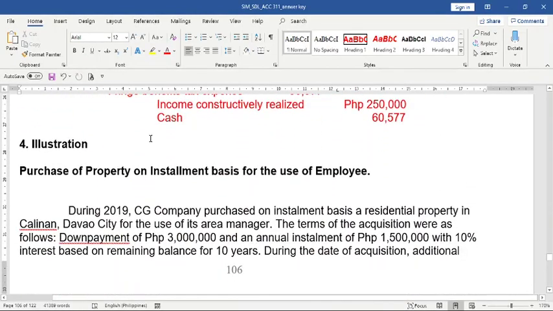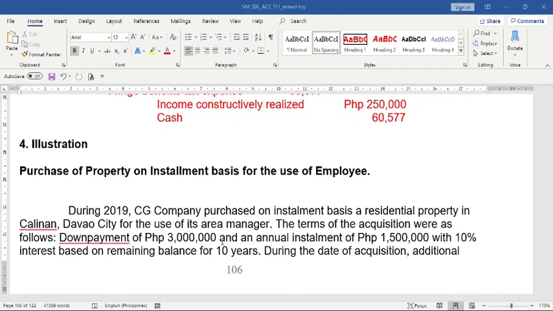Okay. Next, in the fourth illustration, purchase of property on installment basis for the use of the employee. So what is the treatment if we buy on installment and allow the employee to use the property? We multiply by 2.5%, but based on the acquisition cost.